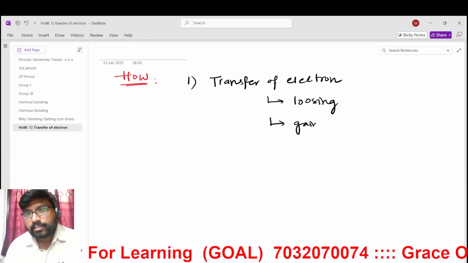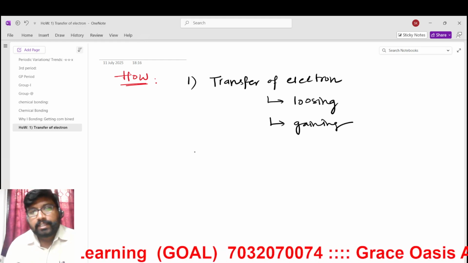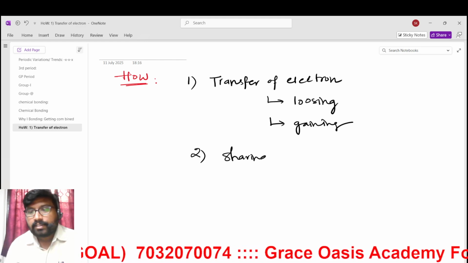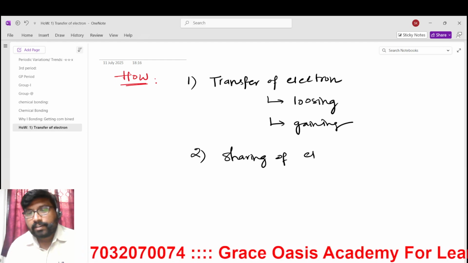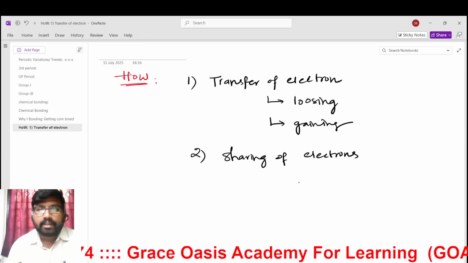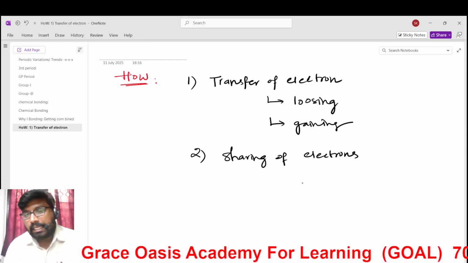Another way is sharing of electrons, where they share the electrons.